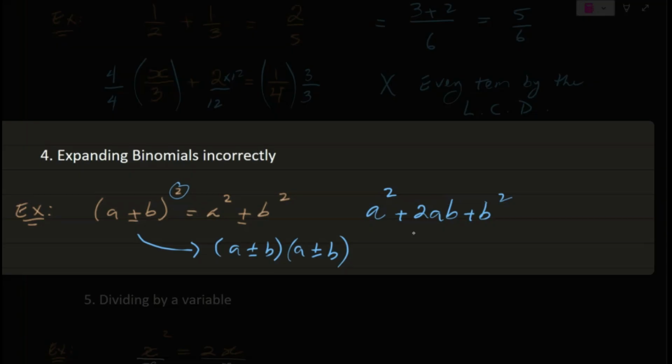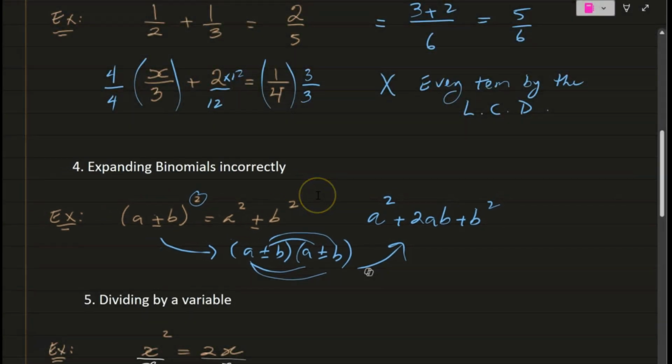So when you do the FOIL, which is the distribution acronym, first, inside, outside, last, you will end up getting that, okay?